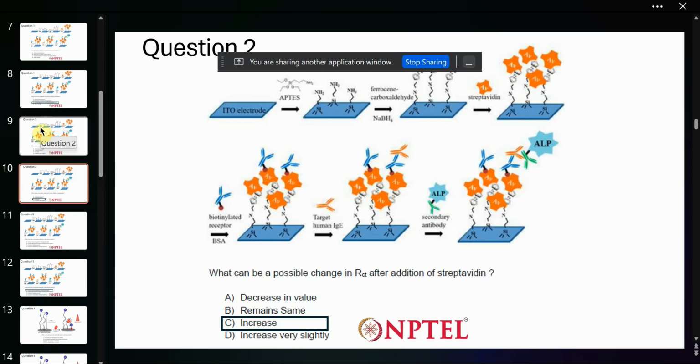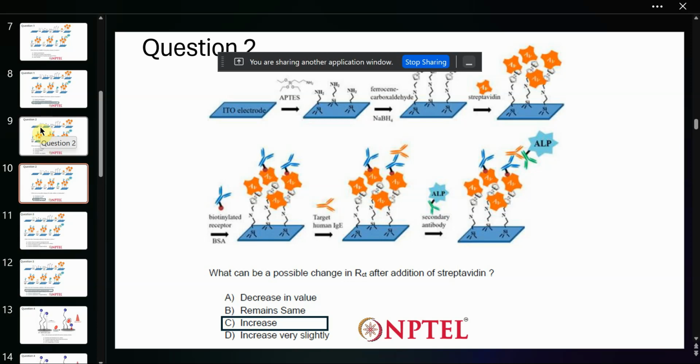Very high doesn't mean like 20-30%. In terms of biosignaling, a very slight increase will be 0.01 to 0.05 or 0.08%, whereas in a normal case we consider a very slight increase to be 1-2%. In biological signaling, very slightly is in the 0.01, 0.02% range.